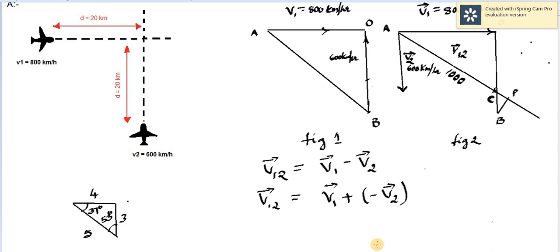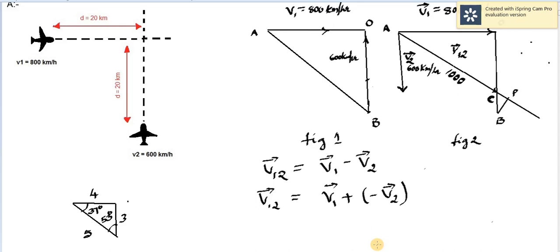So, the resultant velocity is represented by vector AC in figure 2. This triangle, AOC, is essentially a 4-3-5 triangle.